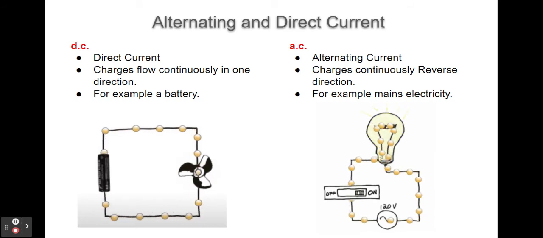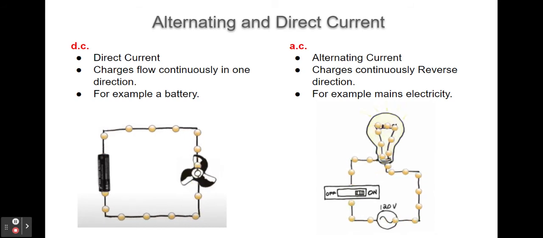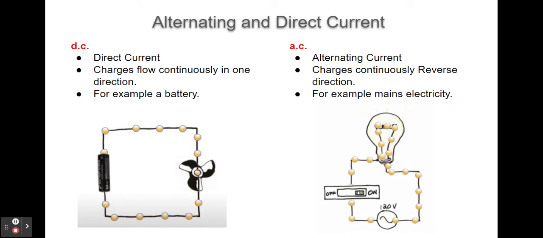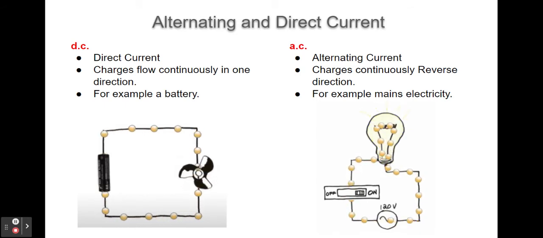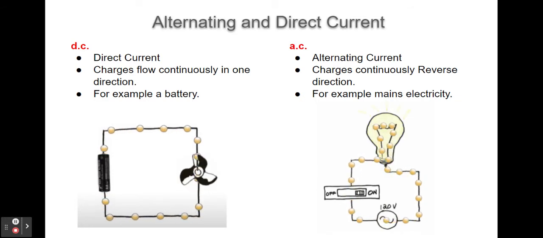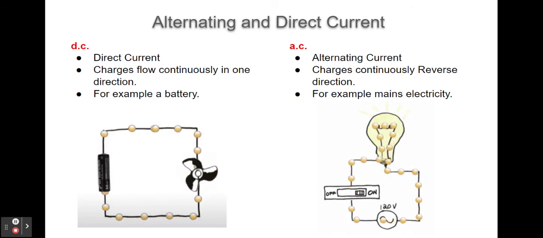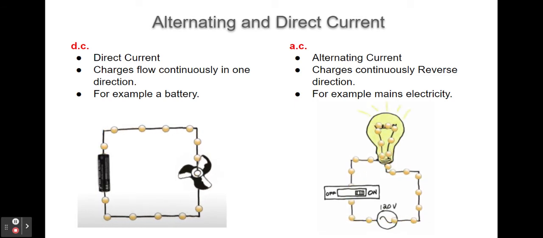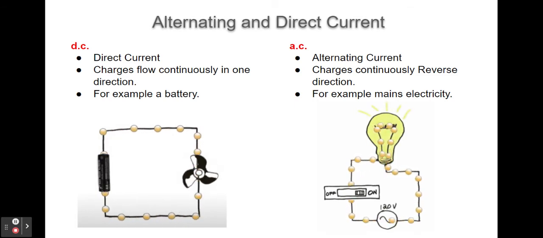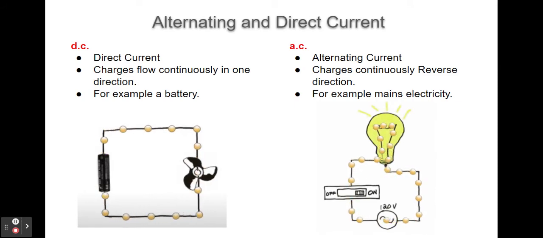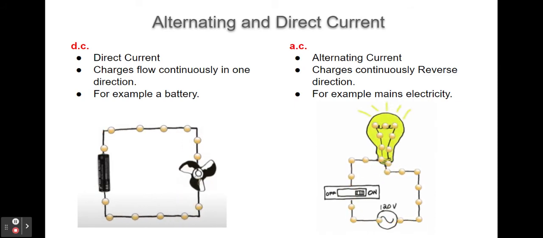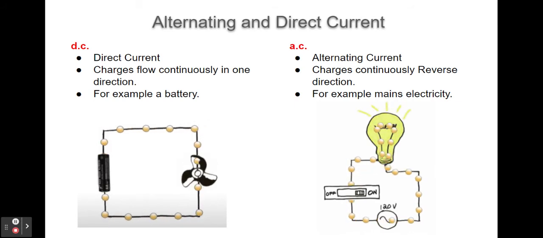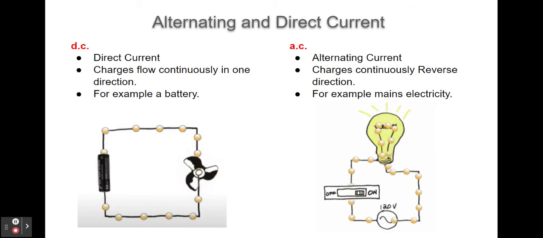If we were able to look at a lamp with a very short exposure camera, we'd be able to see that it actually flashes on and off repeatedly as the current repeatedly changes direction. Our mains electricity in the UK has a frequency of 50 hertz, which means the current completes one cycle of forward and backward 50 times a second.